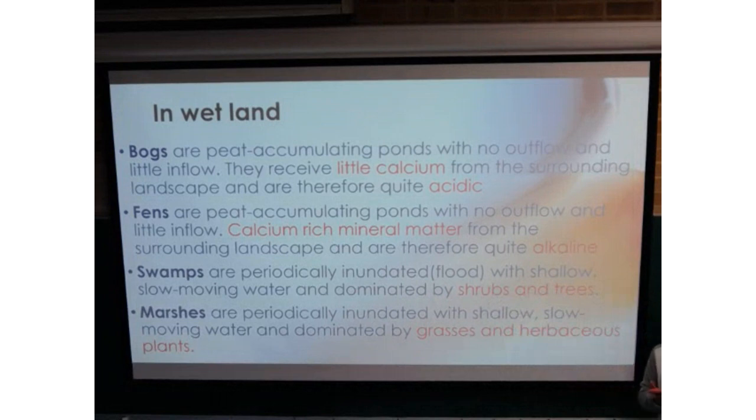We are able to find it in the marsh, not the swamp. But they're really similar. One of the big differences between them is vegetation. So you can see the four common types of wetland, and the main characteristic of each of them. Please note that one because we are in the wetland.